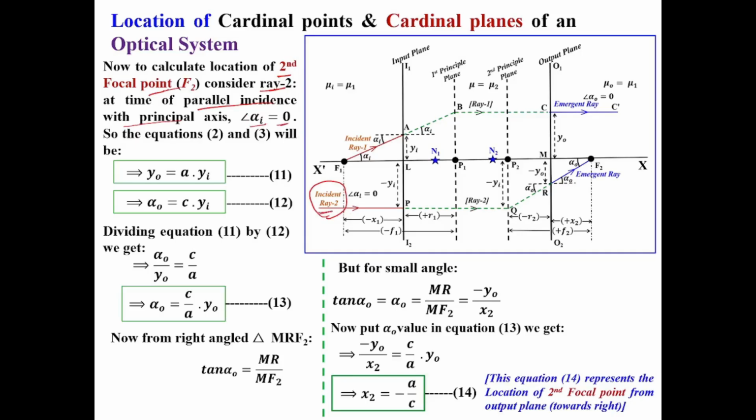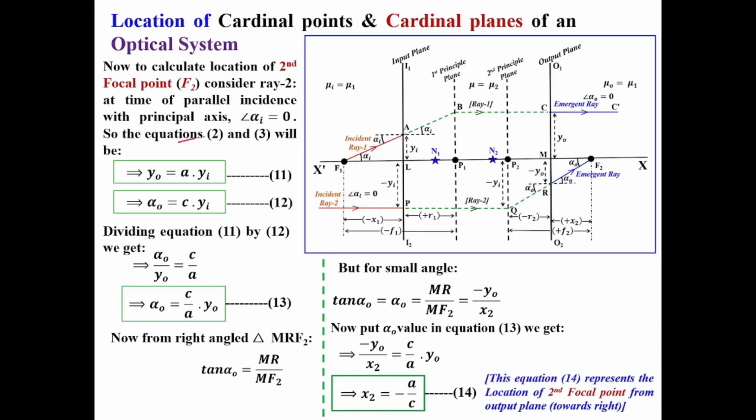As this ray 2 is parallel with the principal axis, obviously the incident angle will be equal to 0. Here alpha I has a definite angle in general, but here alpha I will be equal to 0 because the incident ray and principal axis are both parallel with each other.